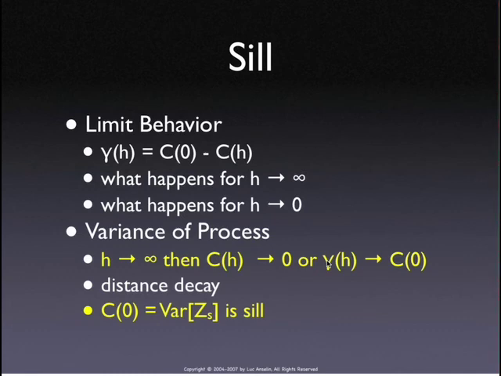You look at this equation here. If the second part goes to 0, if the covariance goes to 0, all you're left with is the variance. So at that point, the average square differences, or half of the average square differences between random variables at further distances apart, equals the variance of the process.